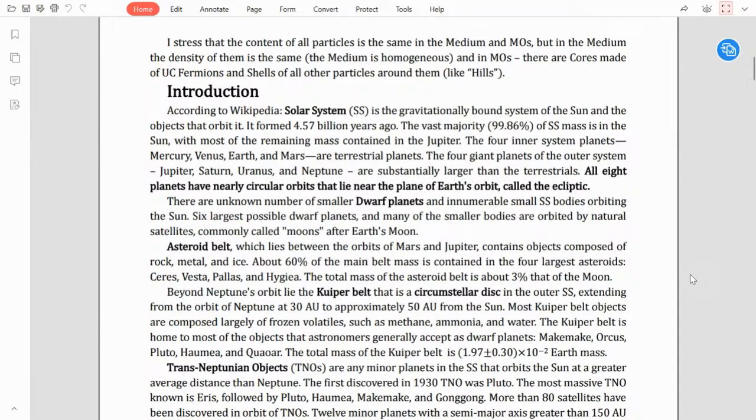Most Kuiper belt objects are composed largely of frozen volatiles such as methane, ammonia, and water. The Kuiper belt is home to most of the objects that astronomers generally accept as dwarf planets: Makemake, Orcus, Pluto, Haumea, Quaoar. The total mass of the Kuiper belt is about 1/100 of Earth's mass.